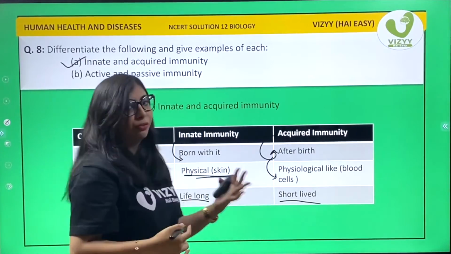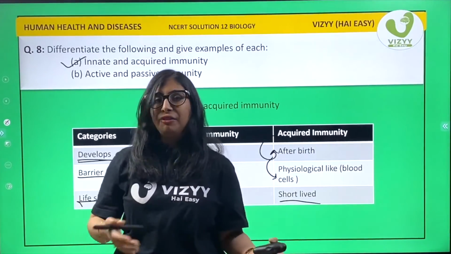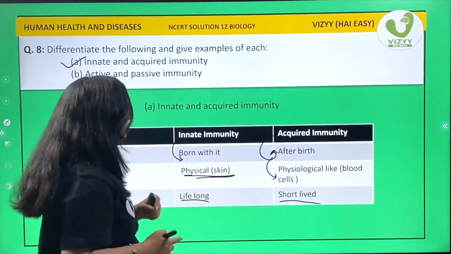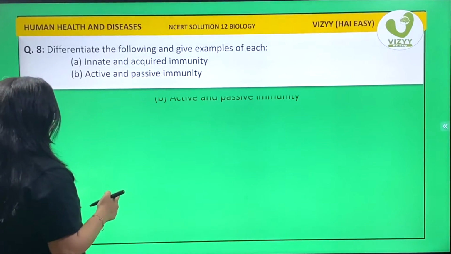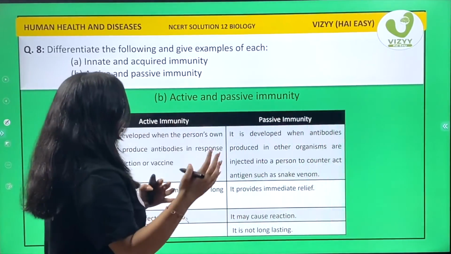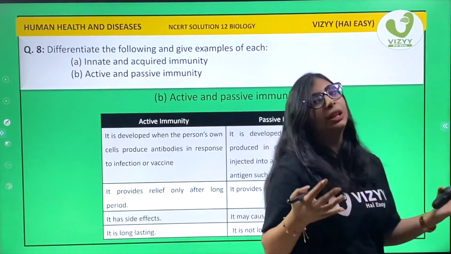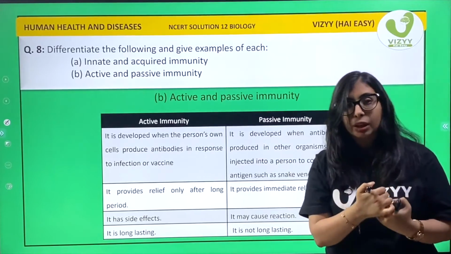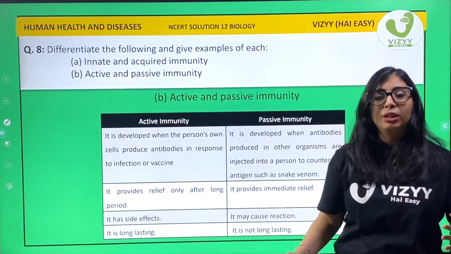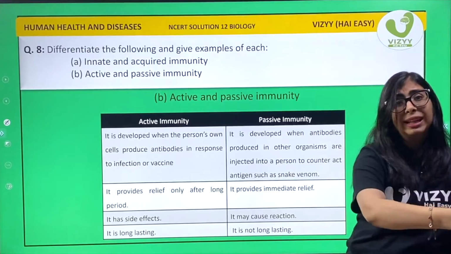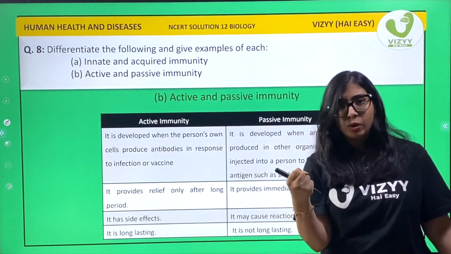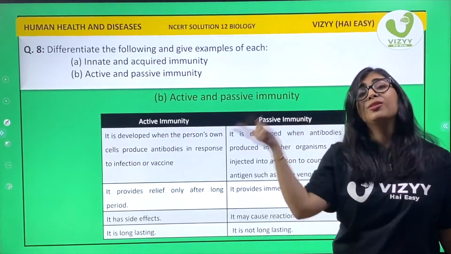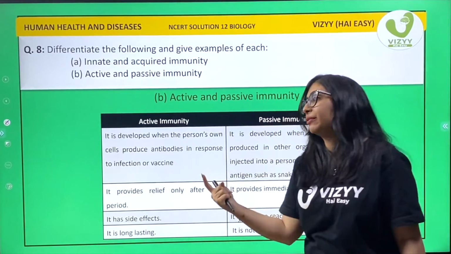Going ahead with difference number 2, active and passive immunity. So what does active immunity mean? Active immunity is a person's own immunity, whereas passive immunity is where we are taking somebody else's antibodies, injecting them in ourselves and developing antibodies. So that is known as passive immunity.